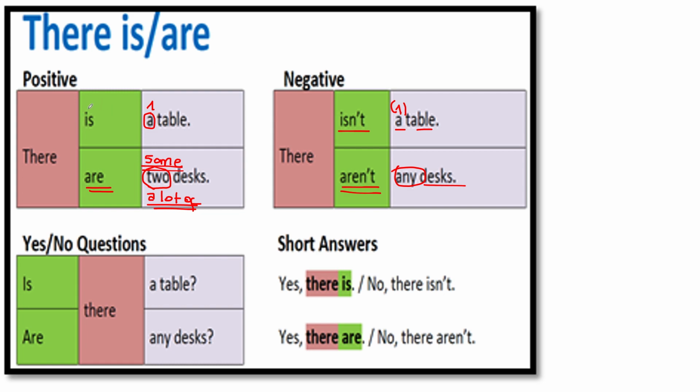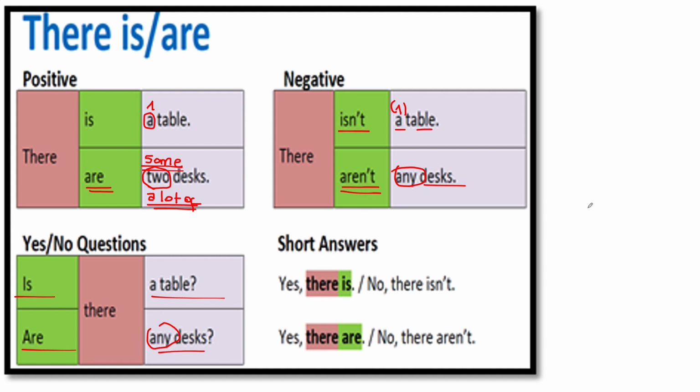But just remember that in singular we just say there is or there isn't, and in plural we use there are or there aren't. And in the interrogative form, it's very easy because you just change the position. Is or are. Is there a table? Are there any desks? Any, if you notice here.